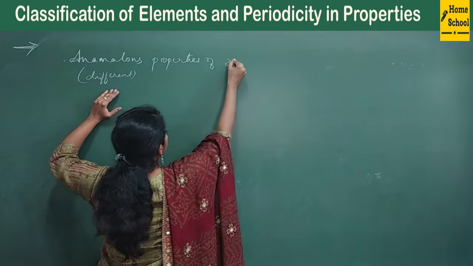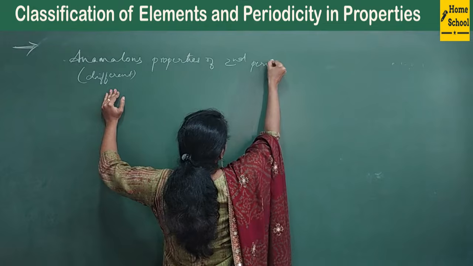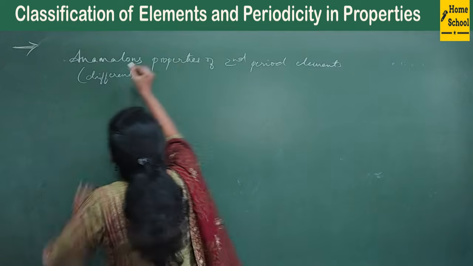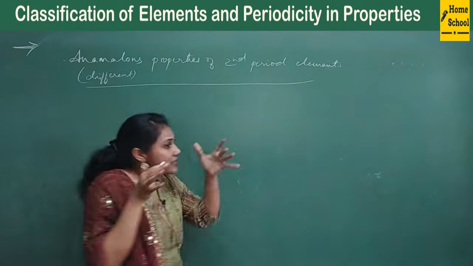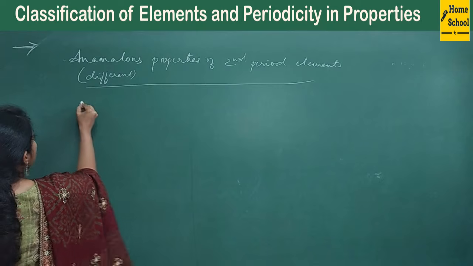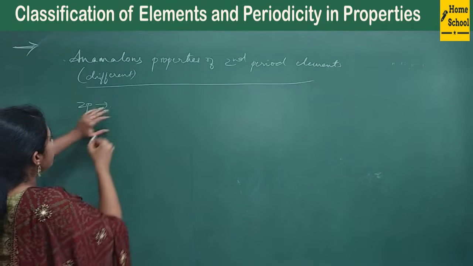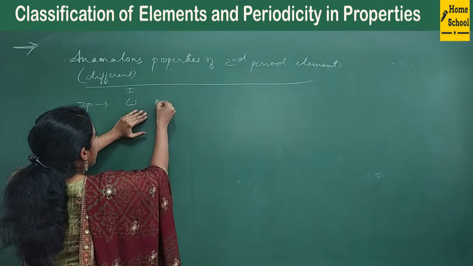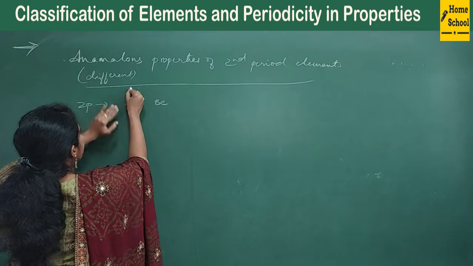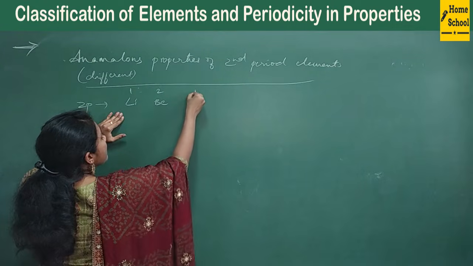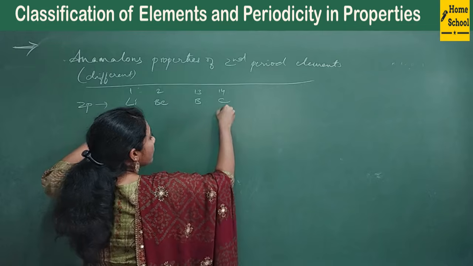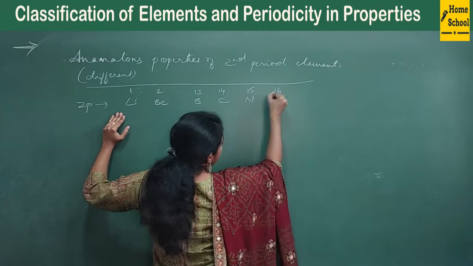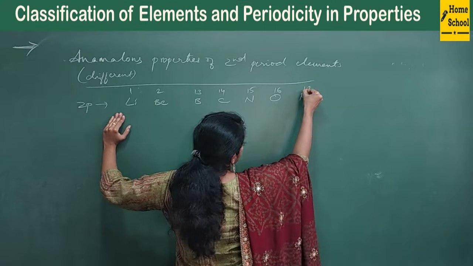So we are trying to understand the different properties of second period elements. Second period elements are always very different from the rest of the elements that come in the same group. The second period elements are lithium, which comes in the first group, beryllium in the second group, boron in the 13th, carbon in the 14th group, nitrogen in the 15th group, oxygen in the 16th group, and fluorine in the 17th group.